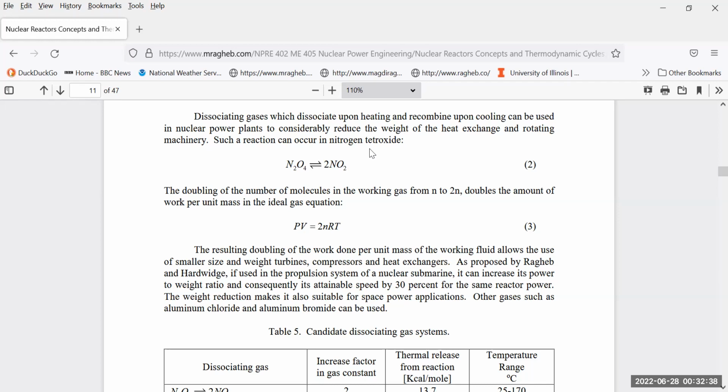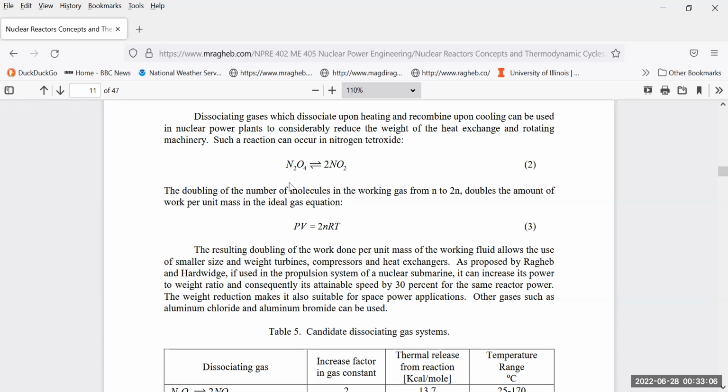In the dissociating gas turbine cycle, you heat up a working fluid like nitrogen tetroxide, N2O4 chemical. And when you heat it to high temperature, you dissociate the gas from N2O4 into 2 molecules of NO2. And when you cool that NO2, the process reverses itself back to N2O4.